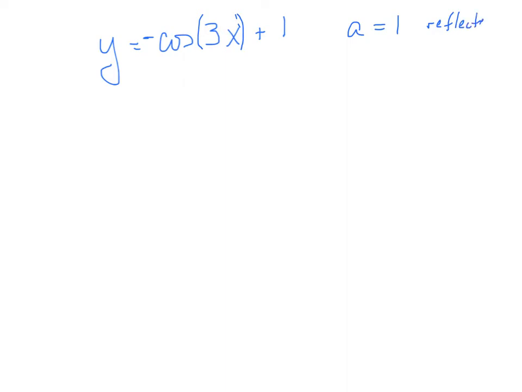So this is going to be reflected in the x-axis. I'm just going to put that in parentheses. My frequency is 3, which means then that my period will be 2 pi divided by 3. Then my vertical shift will be up 1 unit.